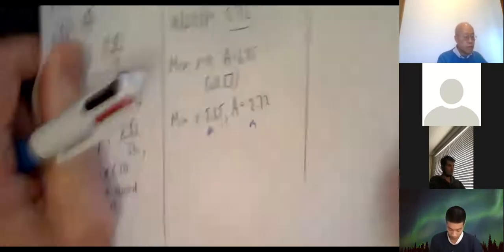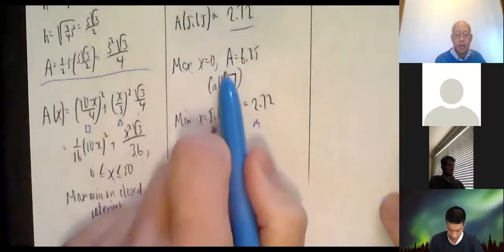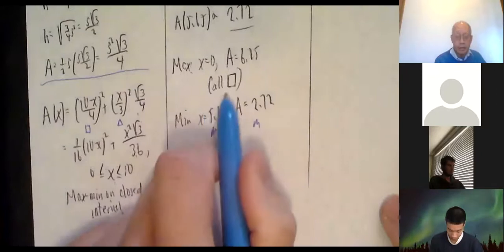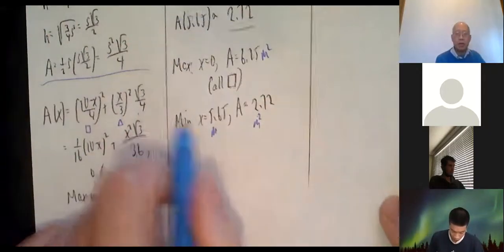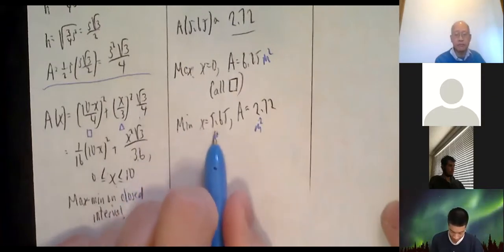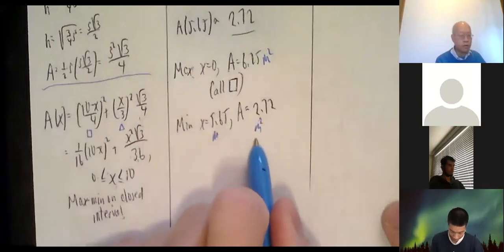Okay, so the absolute maximum is at x equals 0, which means the area is 6.25. That means the whole thing is a square. And this should be meters squared, of course. The minimum is when I make the cut at x equals 5.65 meters, the area would be 2.72 square meters.